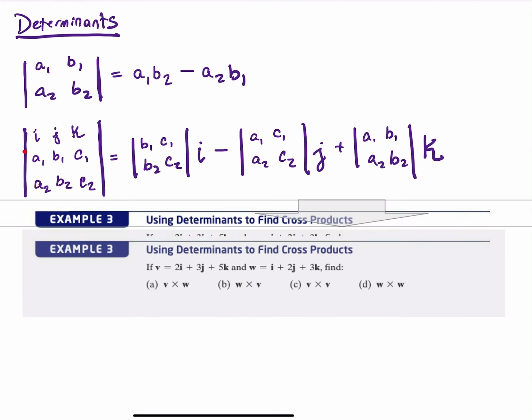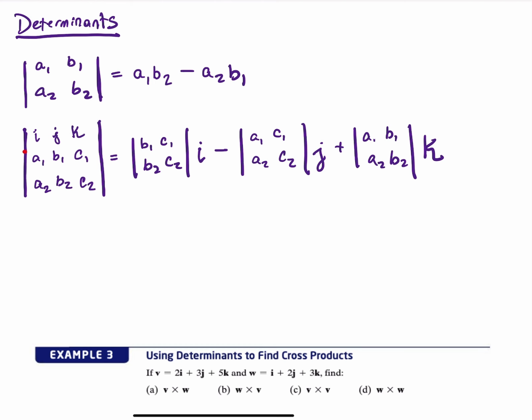So let's expand now each of these smaller determinants. These are now 2 by 2 matrices, so we can do that like diagonal multiplication technique. So the first one would be this diagonal, B1 times C2, and then we'll subtract the other diagonal, which is B2 times C1.